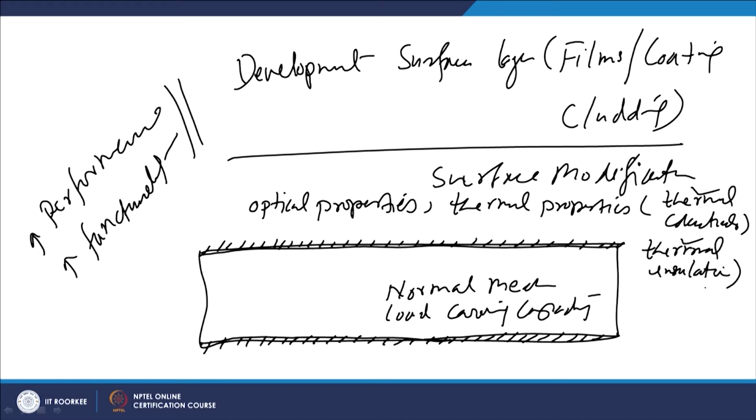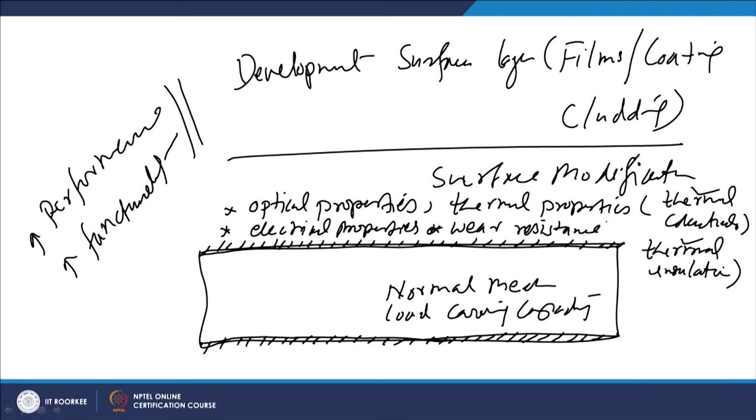It may also be desired to have improved electrical properties of the surface layers, or improved wear resistance, which may be in terms of abrasion, adhesion, erosion or corrosion.